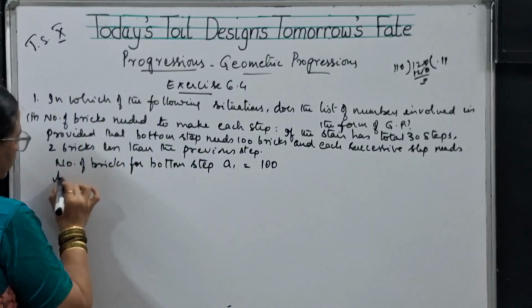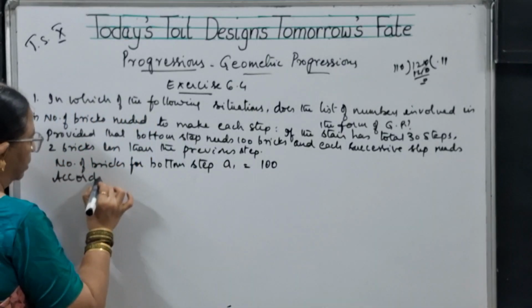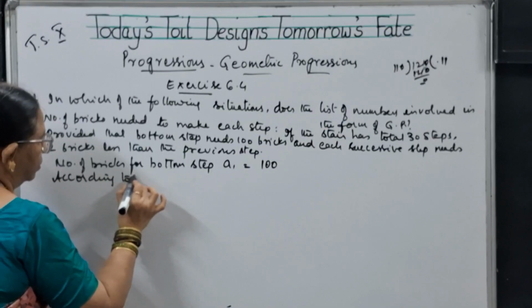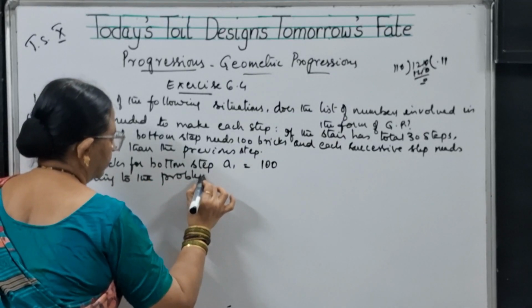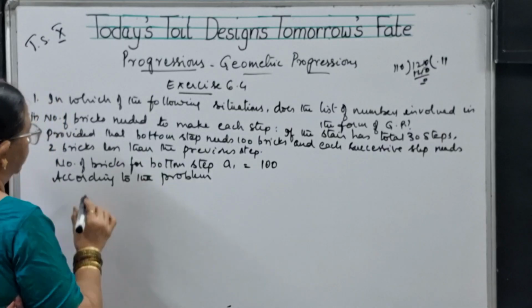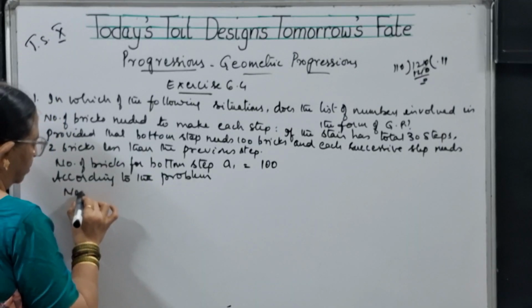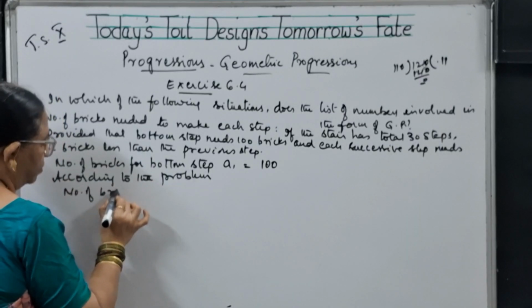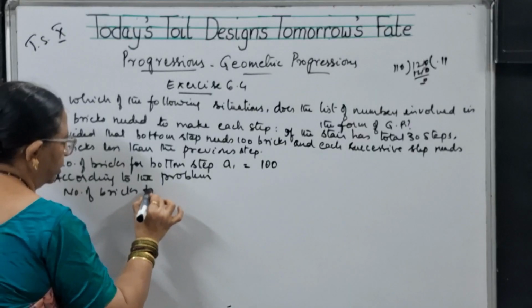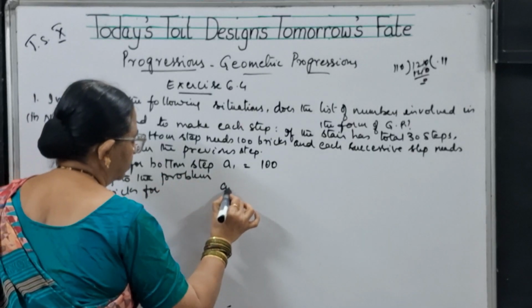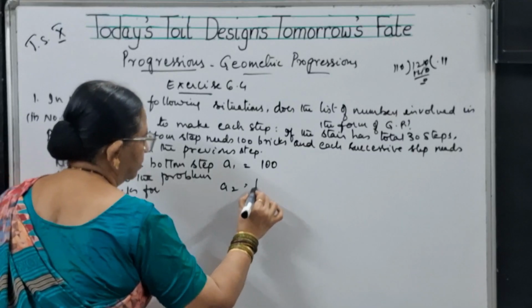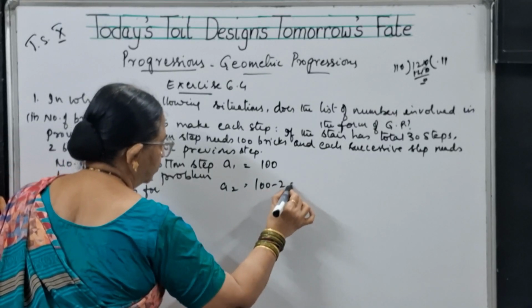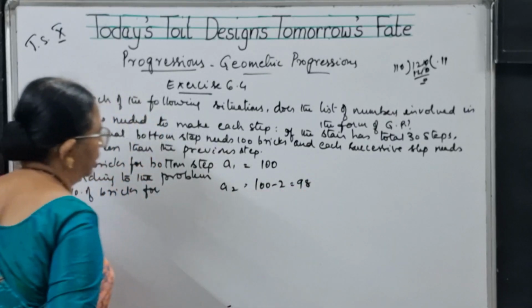Then according to the problem, the number of bricks for A2, that is the second step, is 100 minus 2, that is 98.